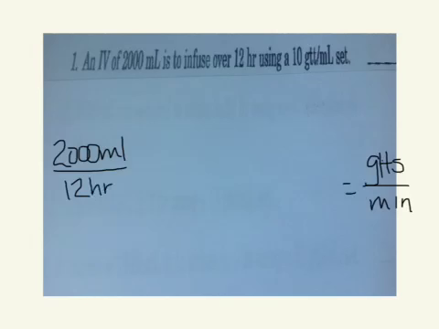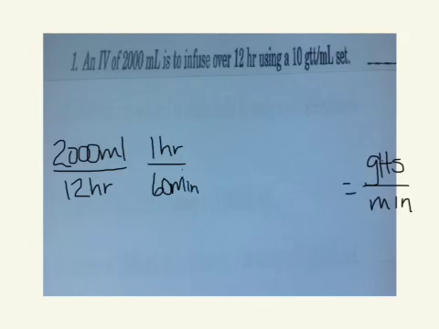Okay, so obviously to get down to minutes, you're going to have how many hours broken down into how many minutes. So the best way to do this would be to get your minutes on the bottom. So that's pretty easy. The next thing that you're going to do is you're going to say 1 hour equals 60 minutes.